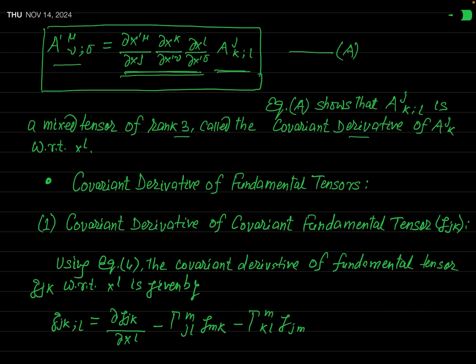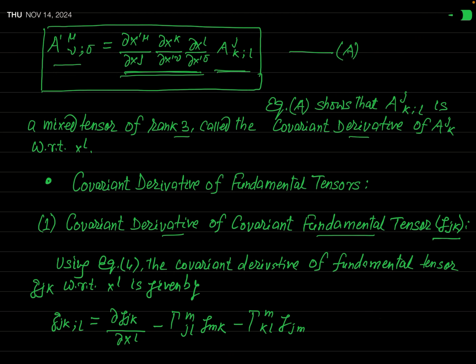So first of all, we are going to show that the covariant derivative of the covariant fundamental tensor, which is denoted by the symbol GJK, will be equal to 0. But how can you say that the covariant derivative of the covariant fundamental tensor GJK is 0? Let us now see.